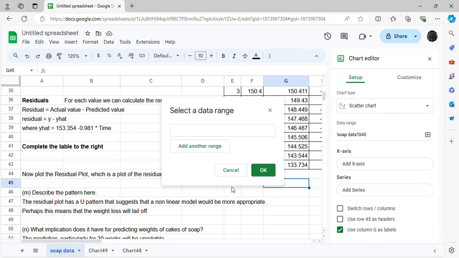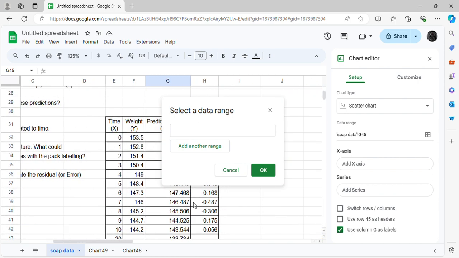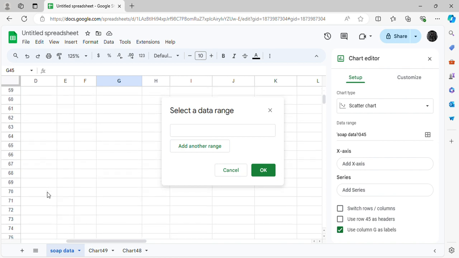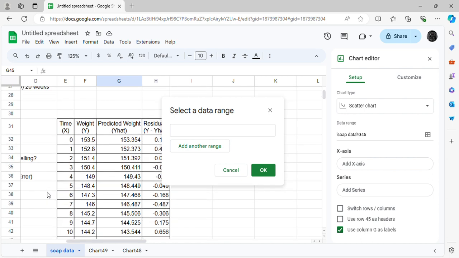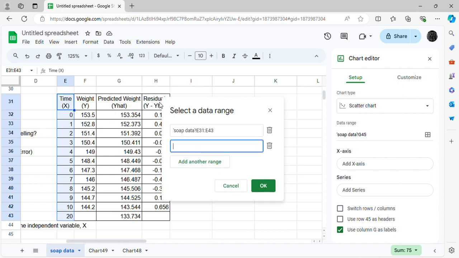And then let's select the time range, and then add another range, and for that we will select the residual.